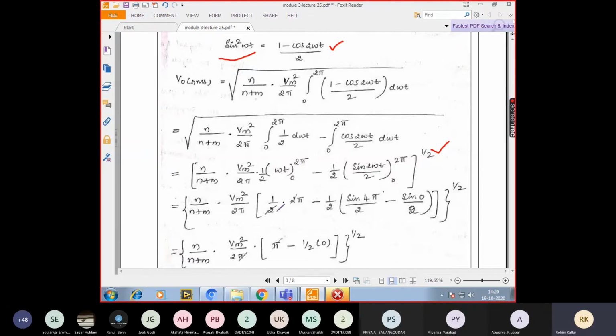So it will be 1 by 2 into 2 pi, minus 1 by 2 into sin 2 omega t, which is sin 4 pi divided by 2 minus sin 0 divided by 2. What is sin 4 pi? What is sin 0?